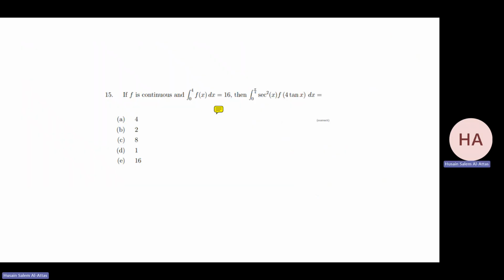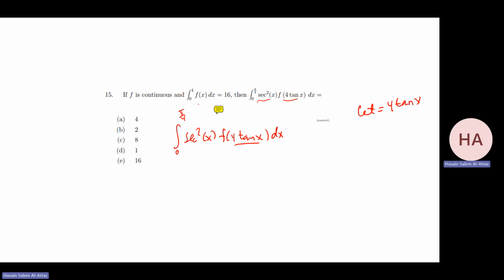Okay, next one. If it's continuous, I have the integral from 0 to 4 is 16. You want this. Very clear, you need to do substitution. So you want the integral from 0 to pi over 4 of secant squared x times f of 4 tan x dx. So I will let u equal 4 tan x.